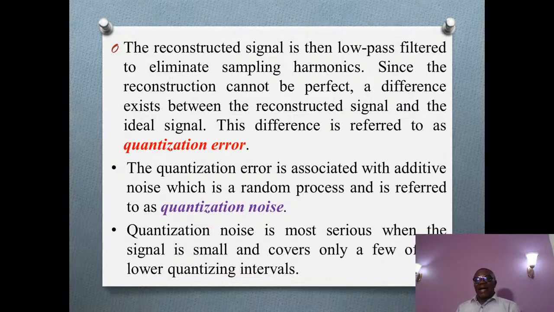When you add all of them, it will appear in the form of noise in your system. When we say noise in a communication system, we mean unwanted signal. Then it becomes quantization noise.